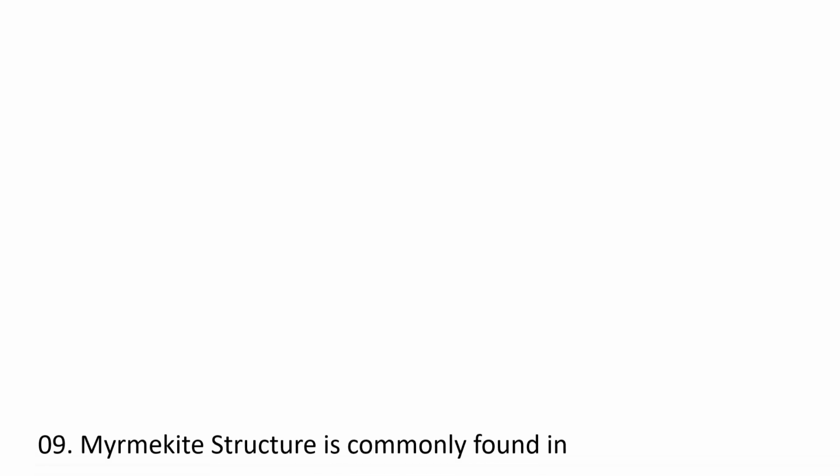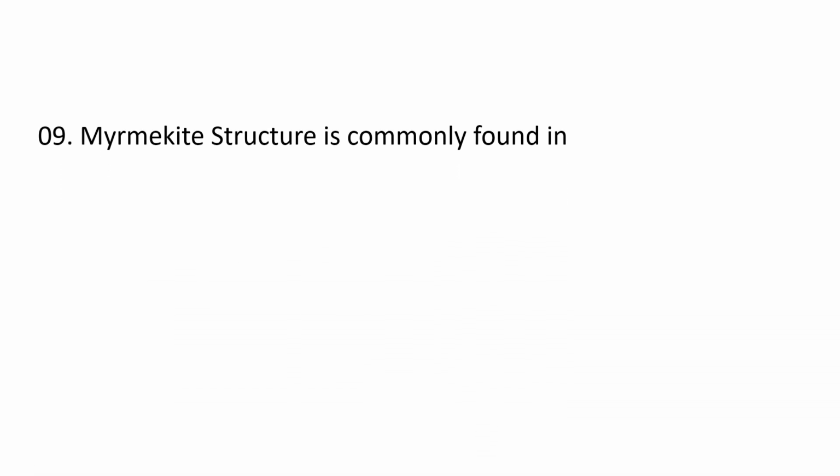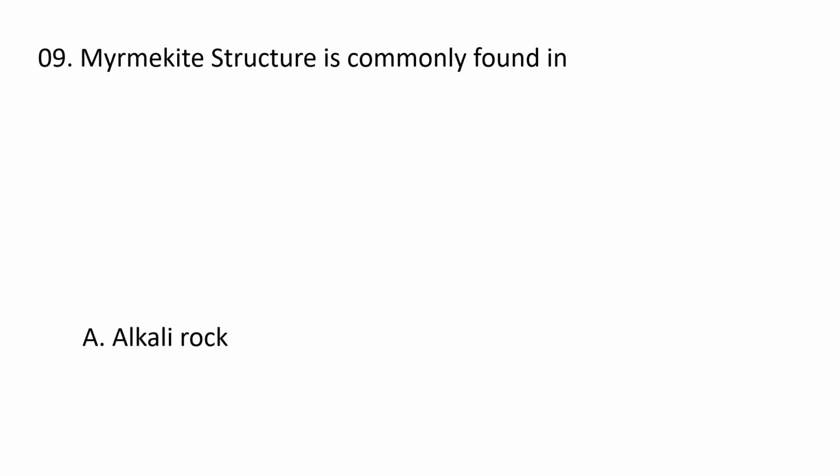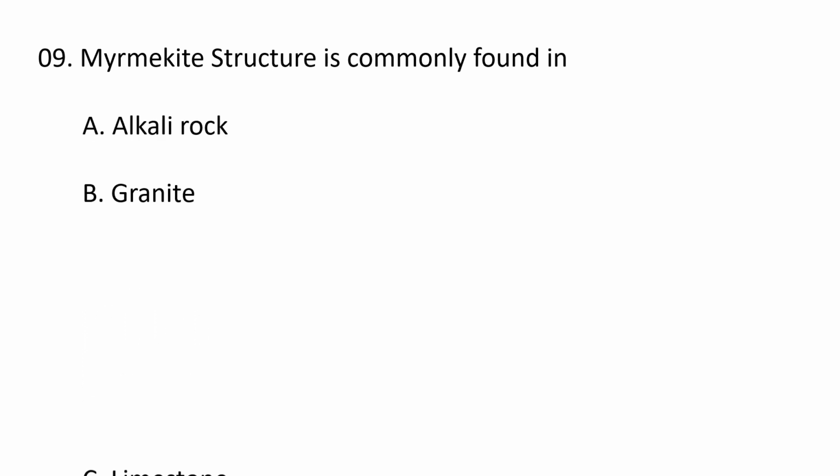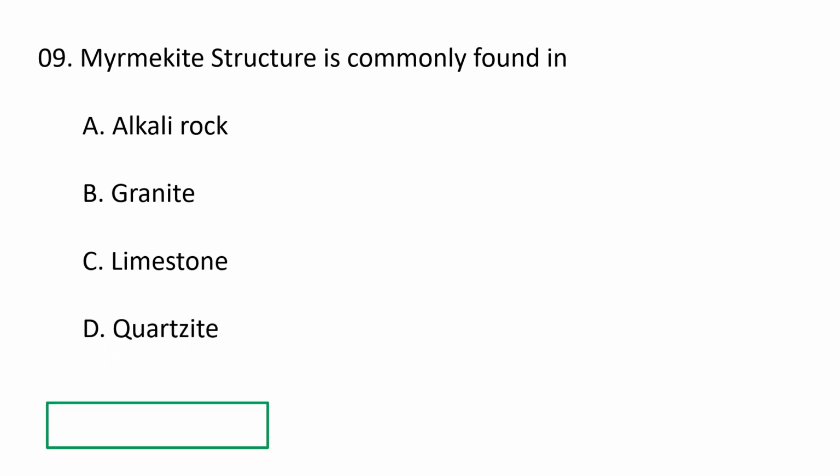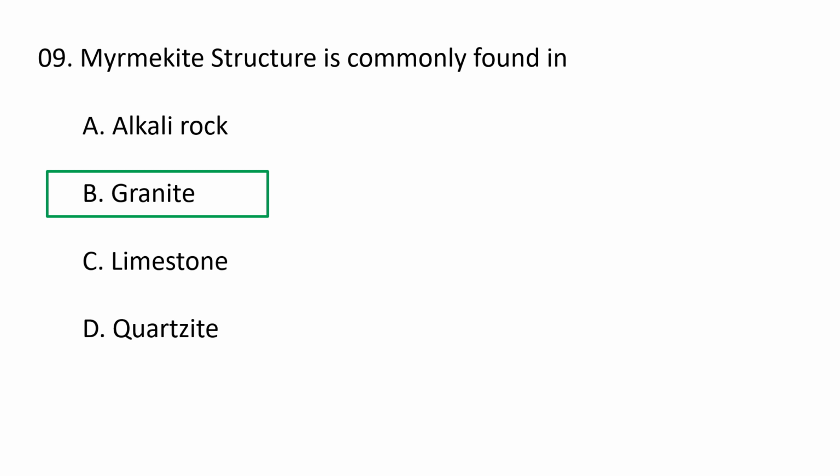Next question. Myrmekite structure is commonly found in A. Alkali rock, B. Granite, C. Limestone, D. Quartzite. So, myrmekite structure is commonly found in granite. B is the correct option.